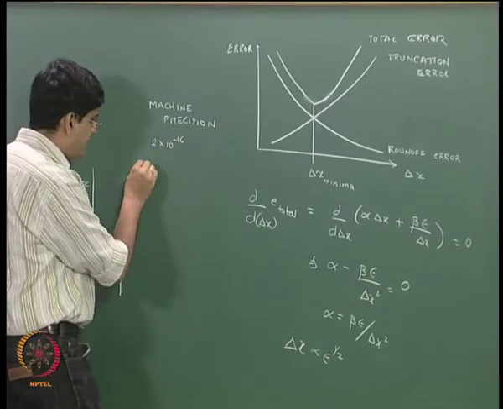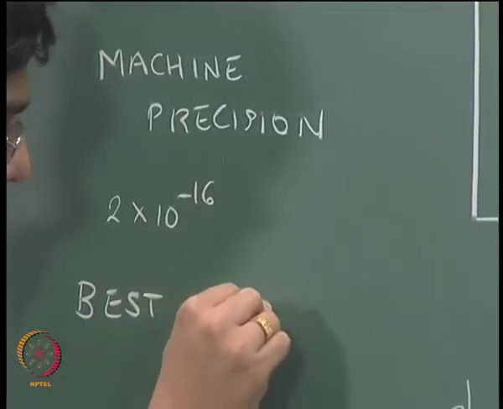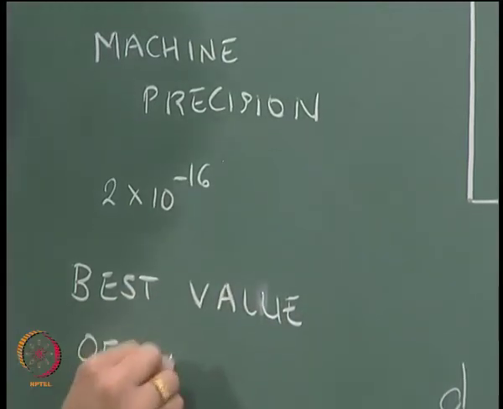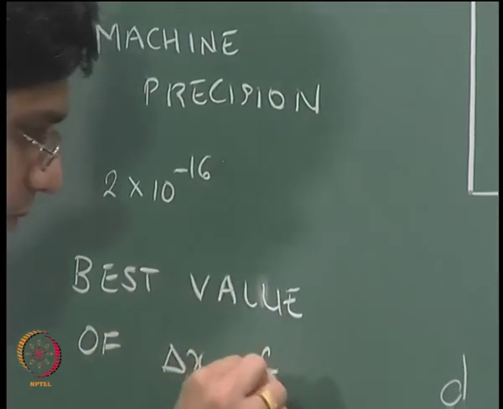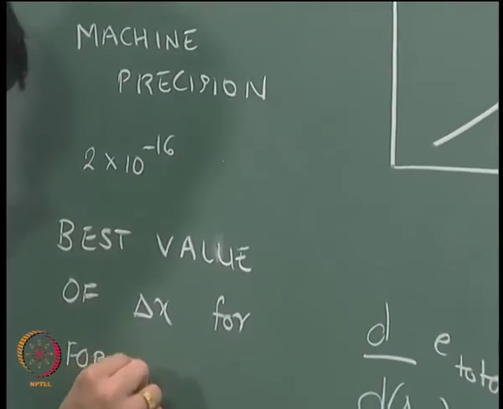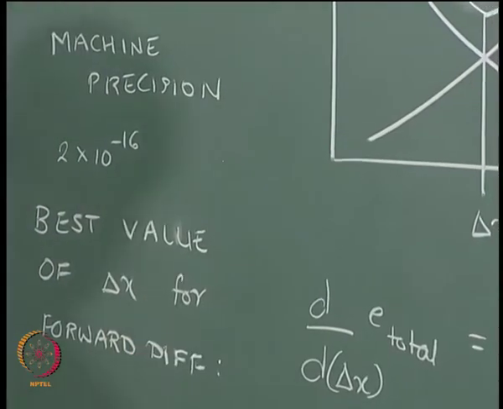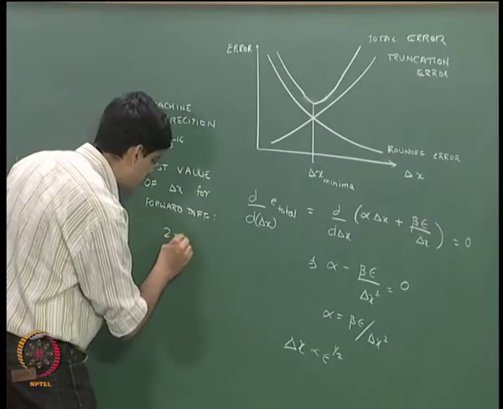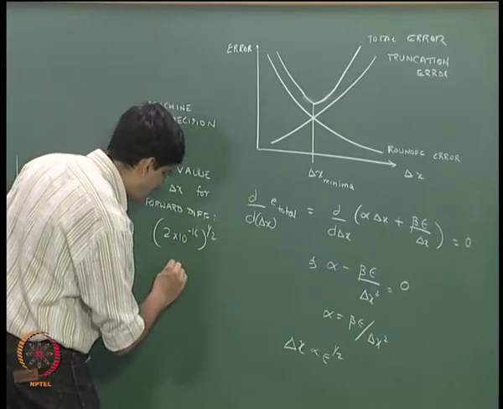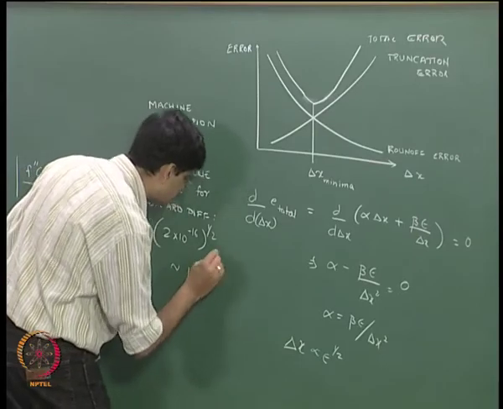So, the best value of delta x for forward difference is 2 times 10 to the power minus 16, to the power half, and that is of the order of 10 to the power minus 8.